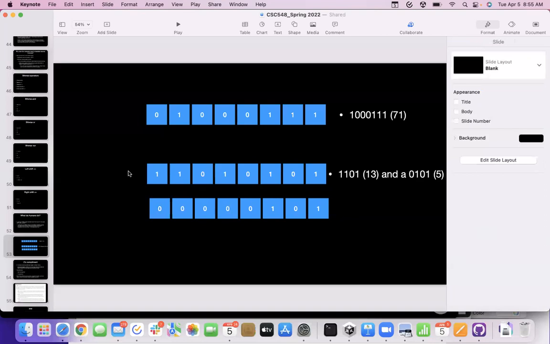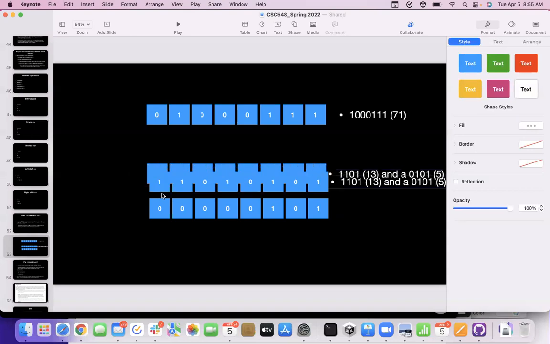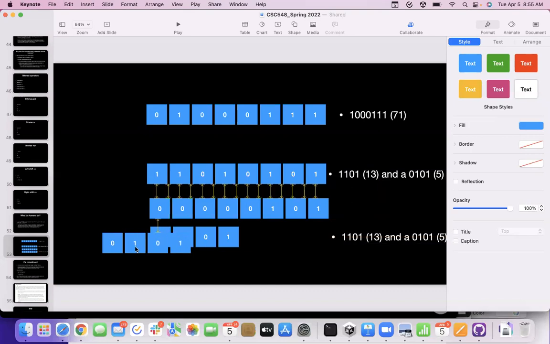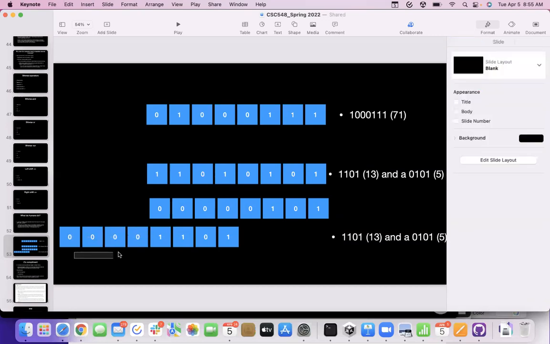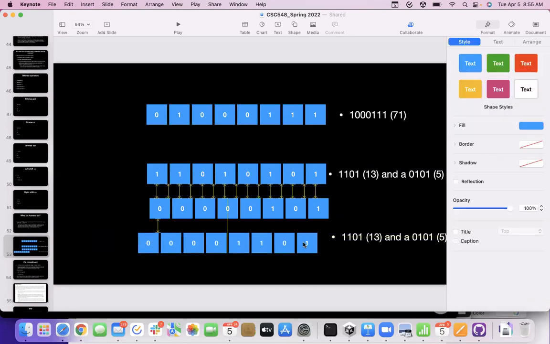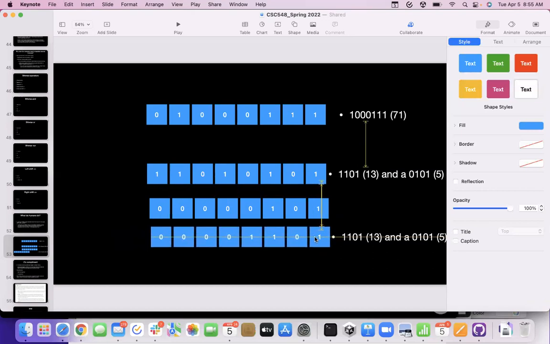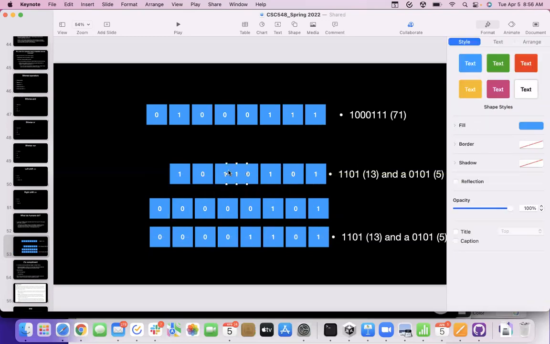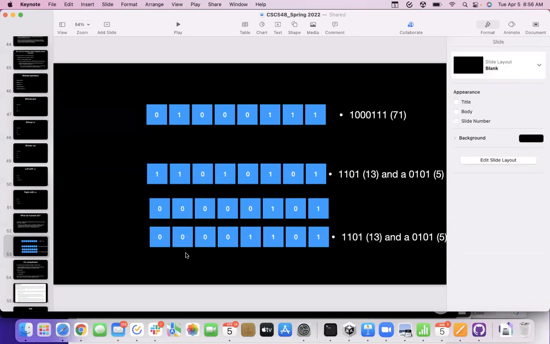And similarly, how do I make the same value look like this?